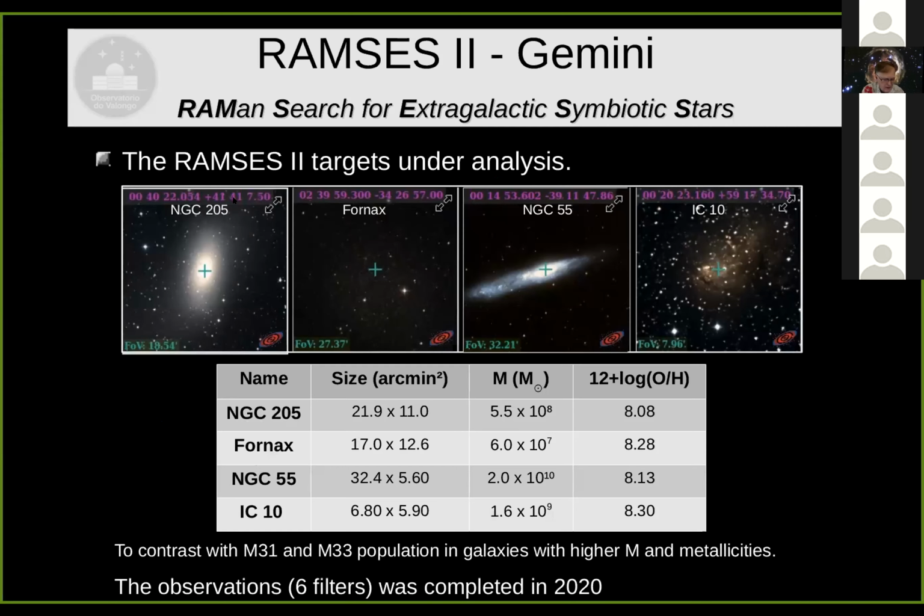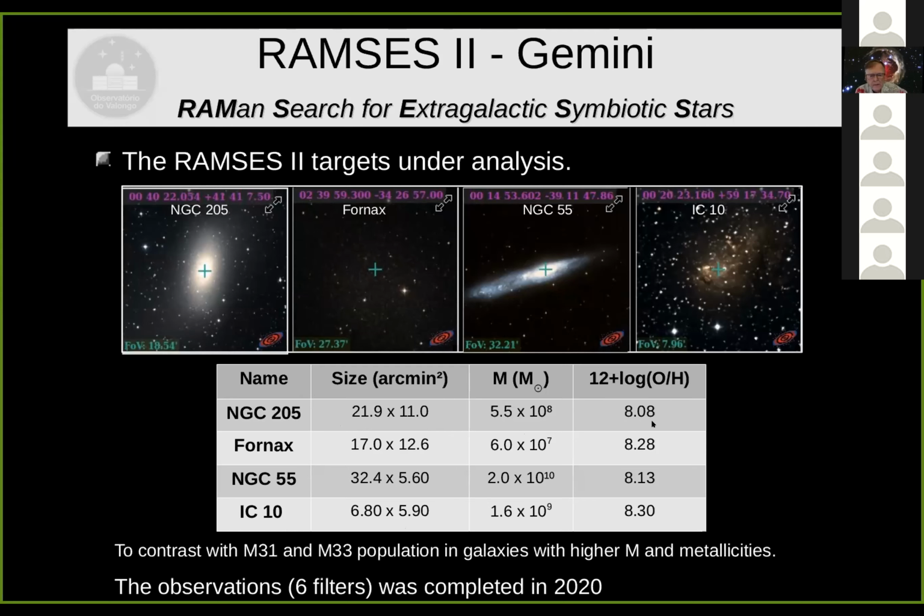And then in the rest, I'm showing the data we have to apply these techniques to a number of other galaxies. And you have these four for which we completed the observation with the 6 filters in 2020. The important thing here is that we are selecting galaxies with, of course, small sizes, because otherwise it takes too long to map the whole galaxy.